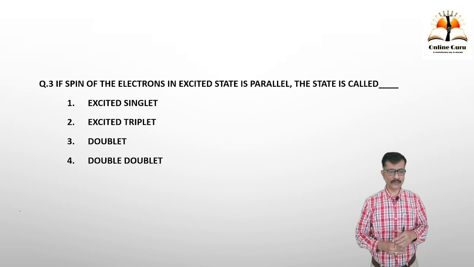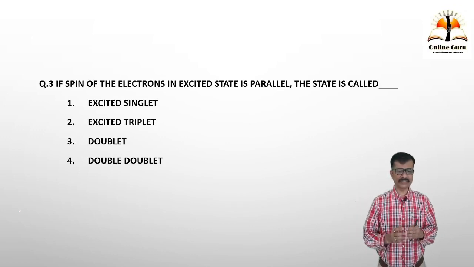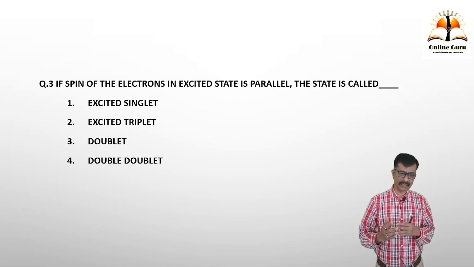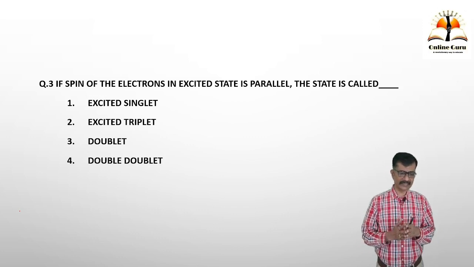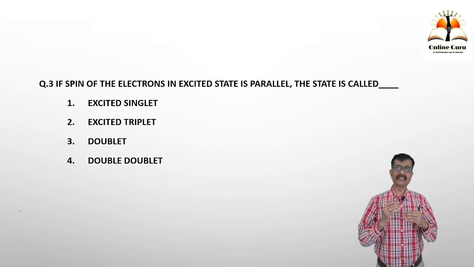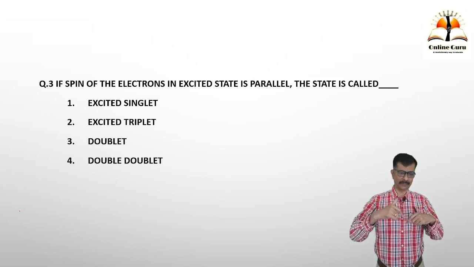Then if we go for this one, if the spin of the electrons in the excited state is parallel, the state is called. This is a typical question of fluorescence and phosphorescence. When electrons are in spin paired form, their spins are equal and opposite.